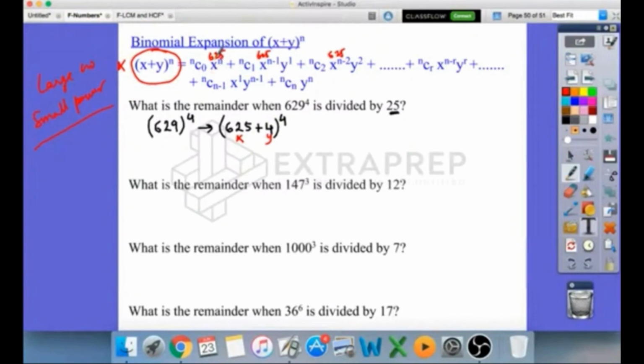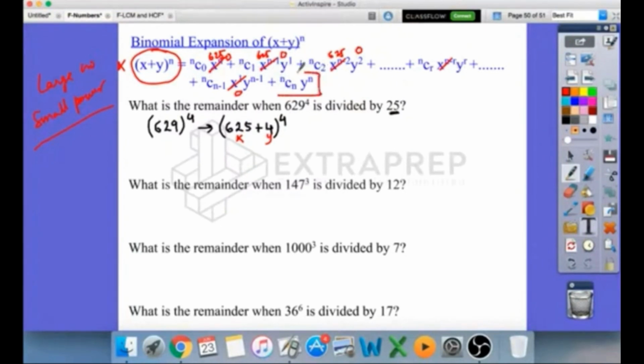Because x is 625, which is divisible by 25, every term where x is there gets cancelled and the remainder would be 0. So remainder is 0 everywhere.